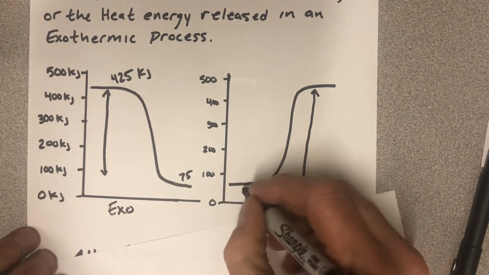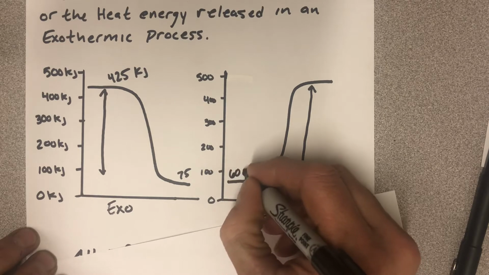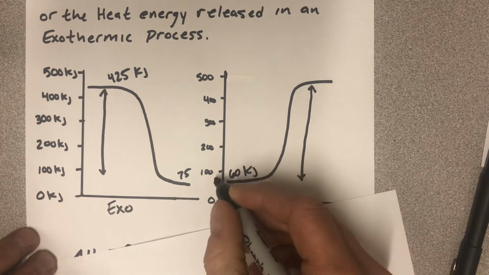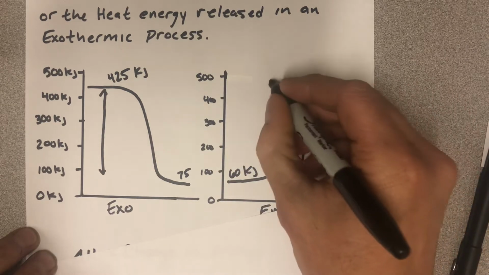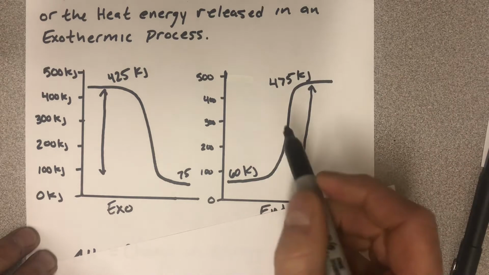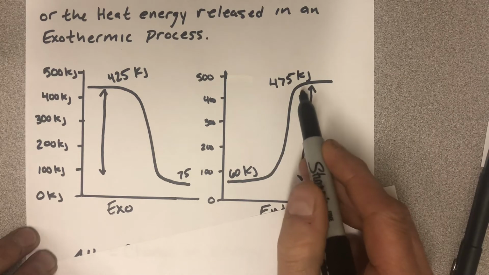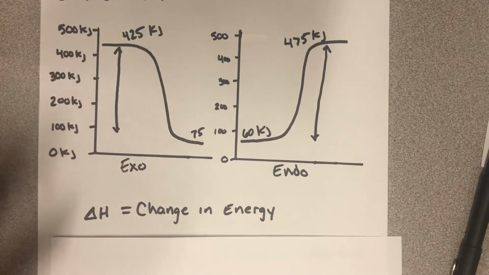Like this low energy system here that might start somewhere around 60 kilojoules, it absorbs, let's say something like up to 475 kilojoules. And so the difference between the starting and the ending energies is what we call enthalpy. Okay, and enthalpy has its own variable.